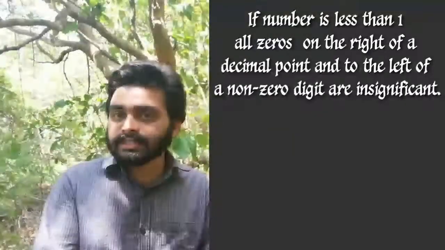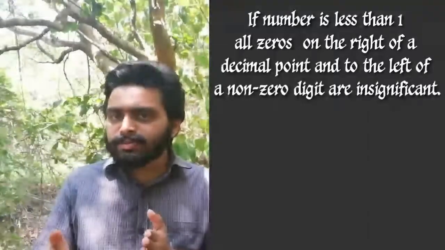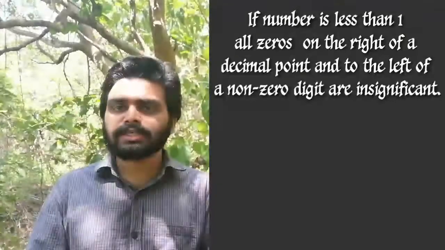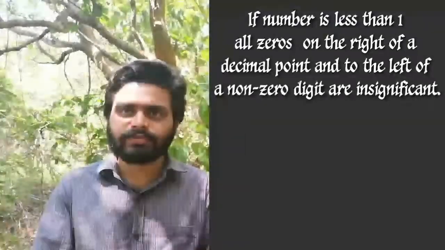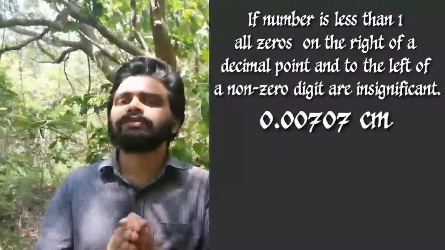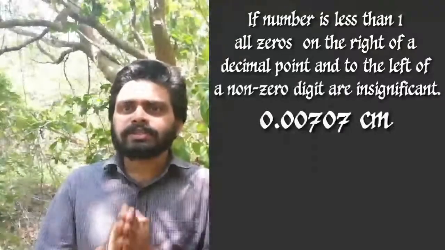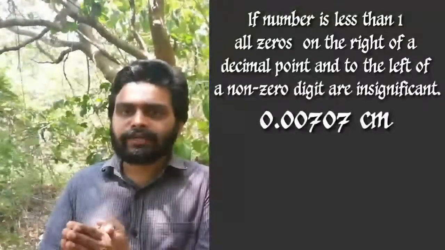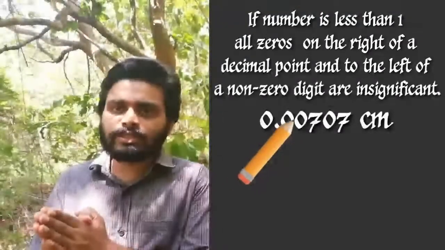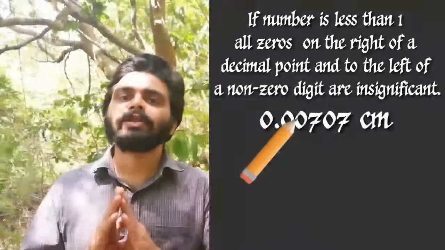If the number is less than 1, the zeros on the right side of the decimal point and the left side of the first non-zero number are insignificant. For example, if a measurement is obtained as 0.00707 centimeter, then after the decimal point there are 2 zeros, but those 2 zeros are not significant.